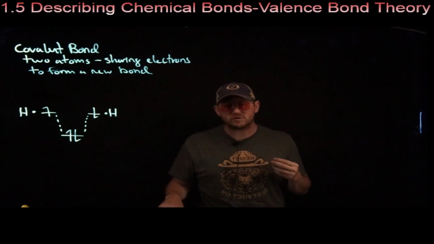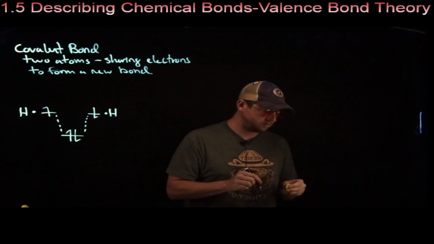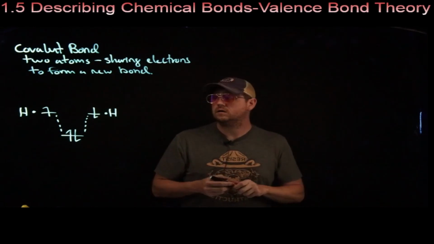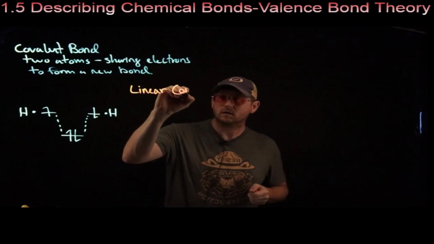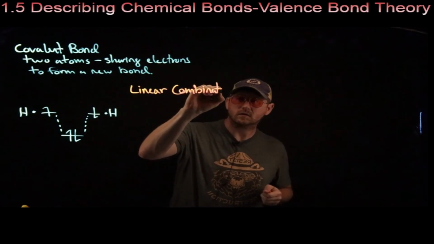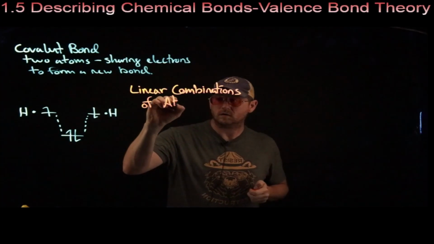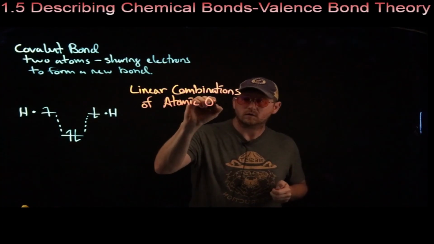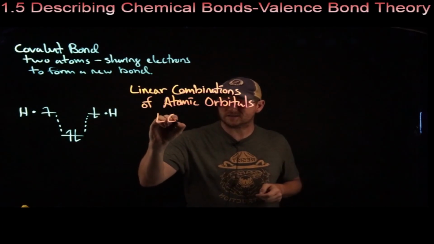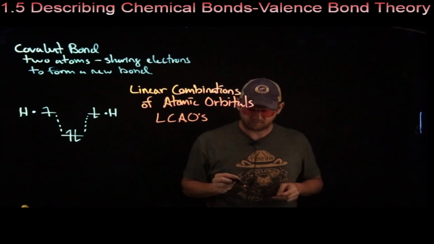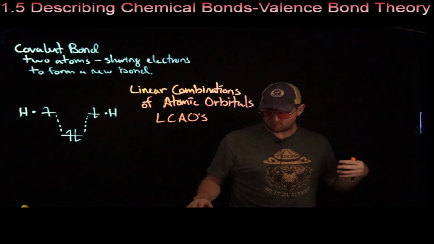And what we're going to use is this idea of linear combinations of atomic orbitals, or LCAOs, to describe bonding in some way.